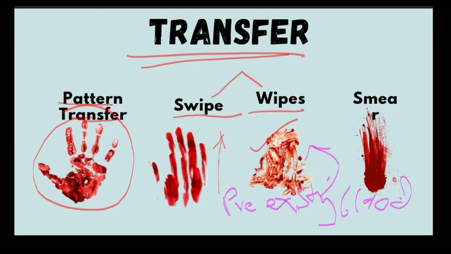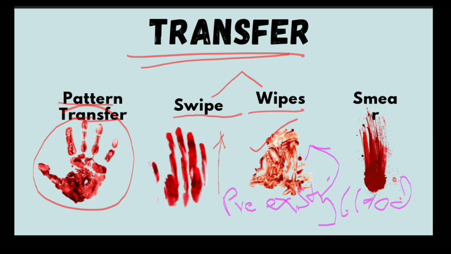Blood stain created when an object moves through an existing stain is what we call wipe. I am repeating it again and again because I don't want you guys to get confused. Example: the murderer pulls the body across a blood stained floor. So this is the example of wipe pattern.